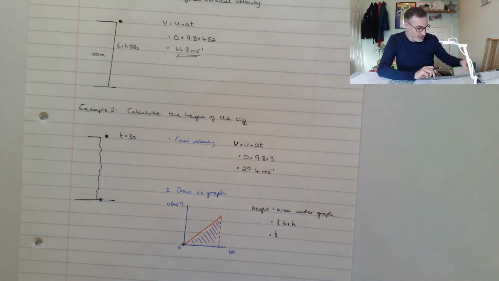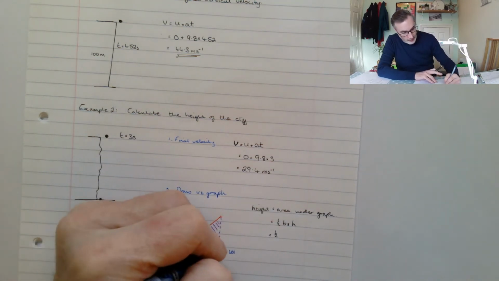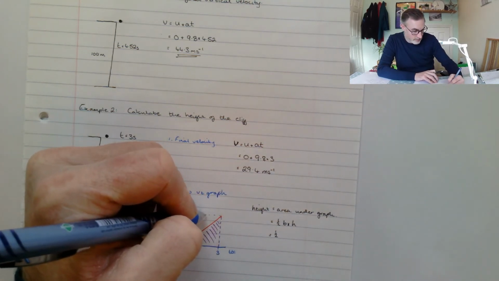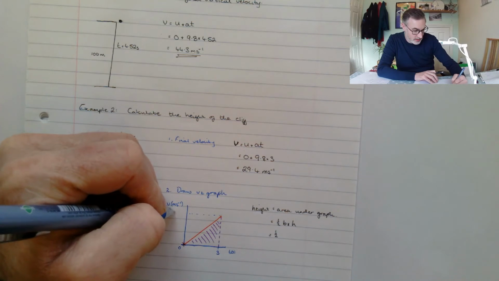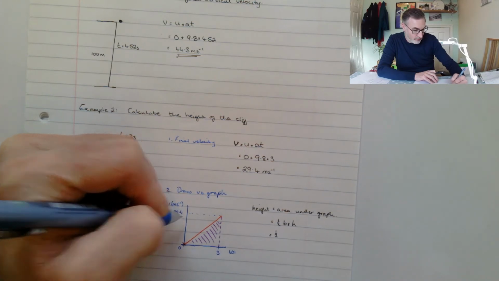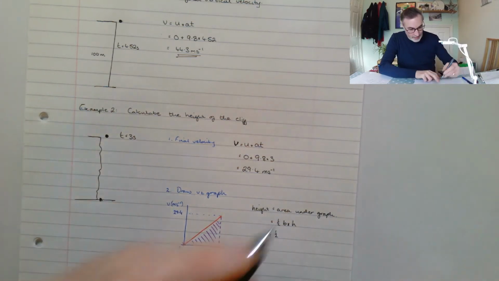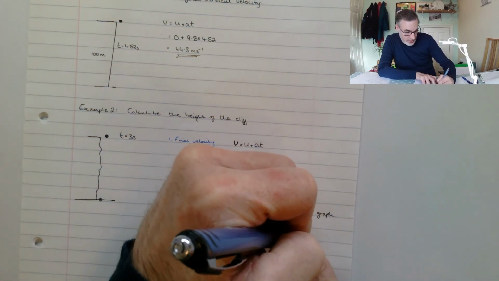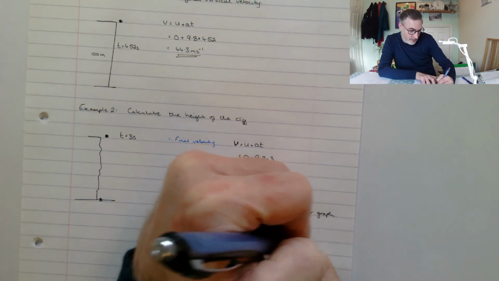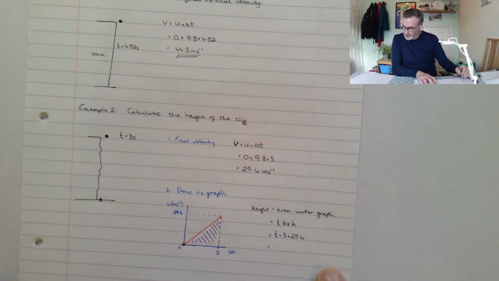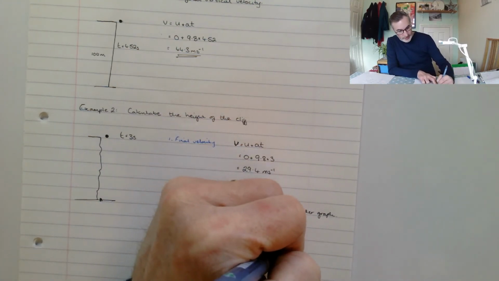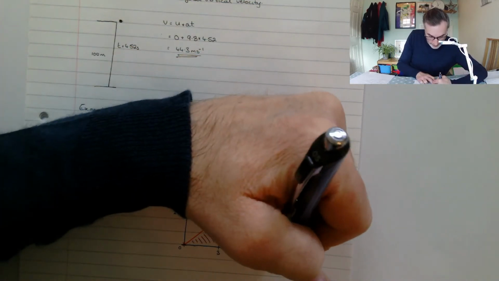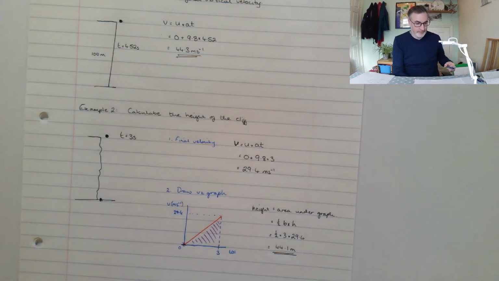Now our base is falling for a time of 3 seconds. It gets 29.4. So base 3 times 29.4, which is going to give me 44.1 meters.